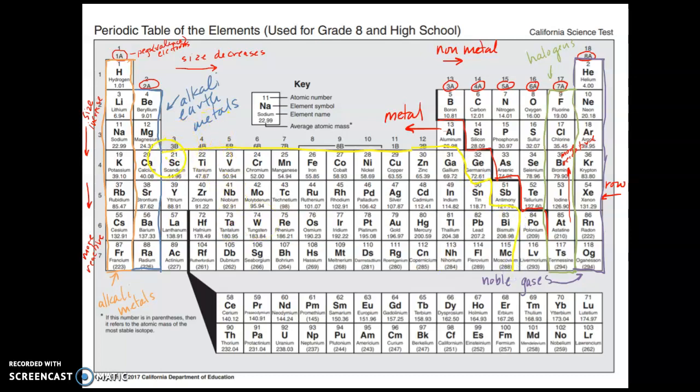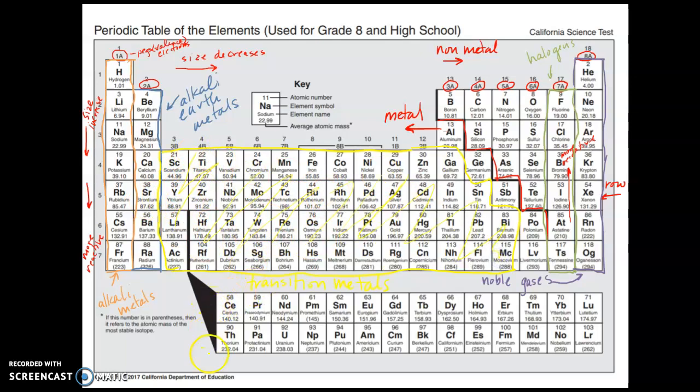This whole region right over here, they just lump together in something that is called transition metals. Okay, so those are transition metals, and that's this region right over here. Okay, we'll be talking about those also.